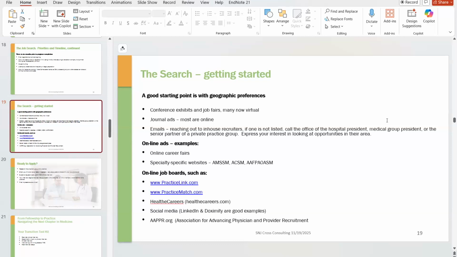I receive probably somewhere between 10 to 12 emails every day from Practice Link. They provide me with all residents and fellows that have registered with their site. So they have opted in to say, I'm looking for a job. So when you do start to get those calls, it would be because of the physicians registering their information on Practice Link.